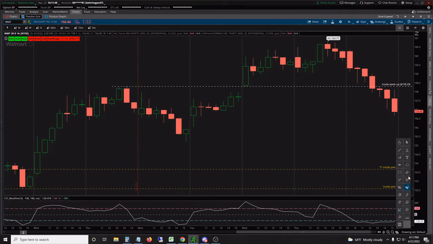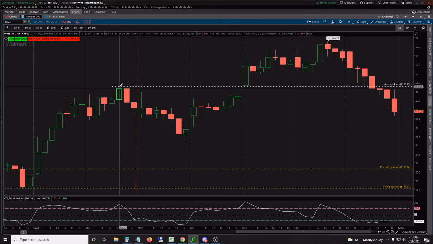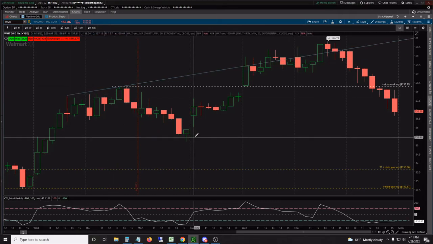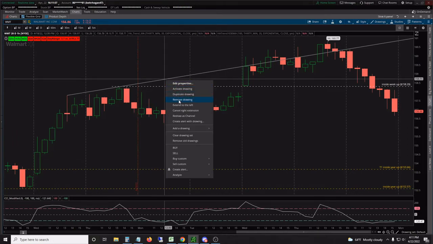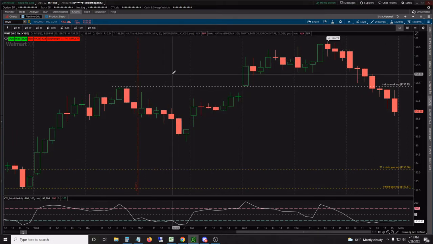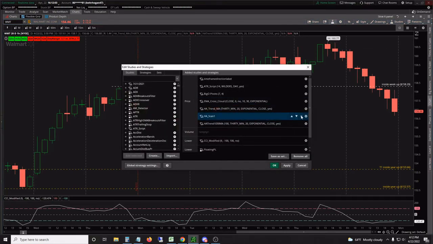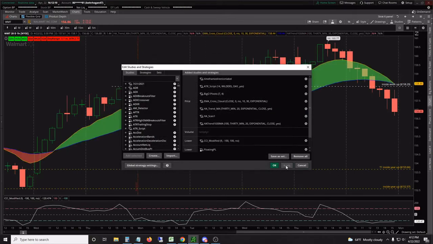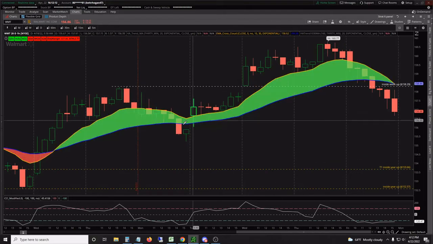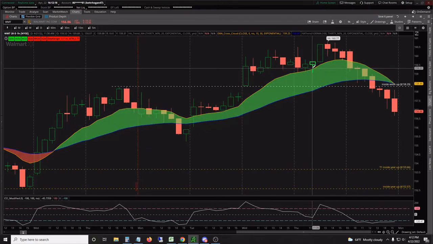Maybe, for example, something like this, and put your stop here, or your exit. There's multiple different ways you can do it. We can throw some moving averages on, and your stop would have been here when it touched the moving average.